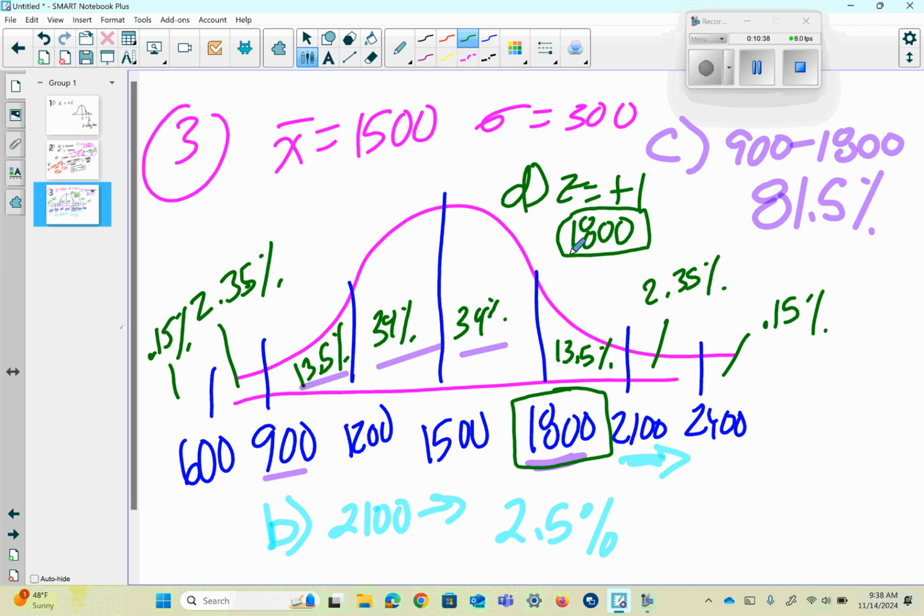Okay, so we need to add these all up. So 34 and 34 is 68 plus 13.5 plus 2.35 plus 0.15. So this was 84% of your sales. We're below that. Cool.